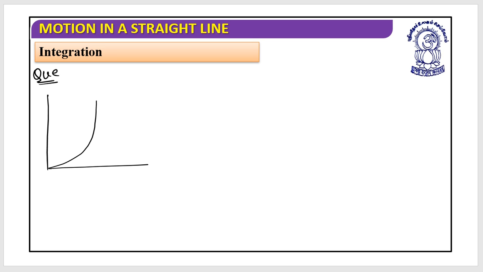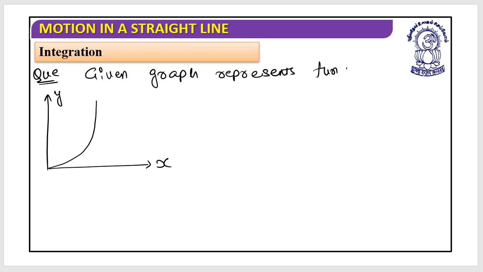This graph is given. This is y. This is x. They said that the given graph represents the function y is equal to x square.